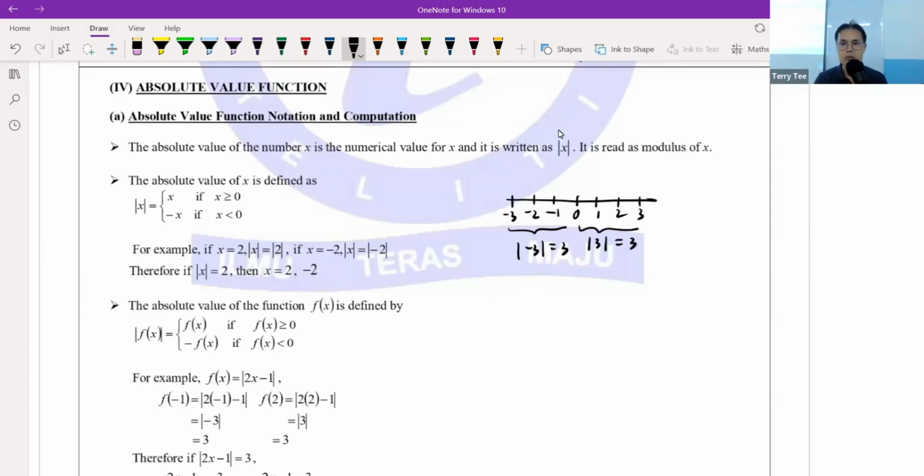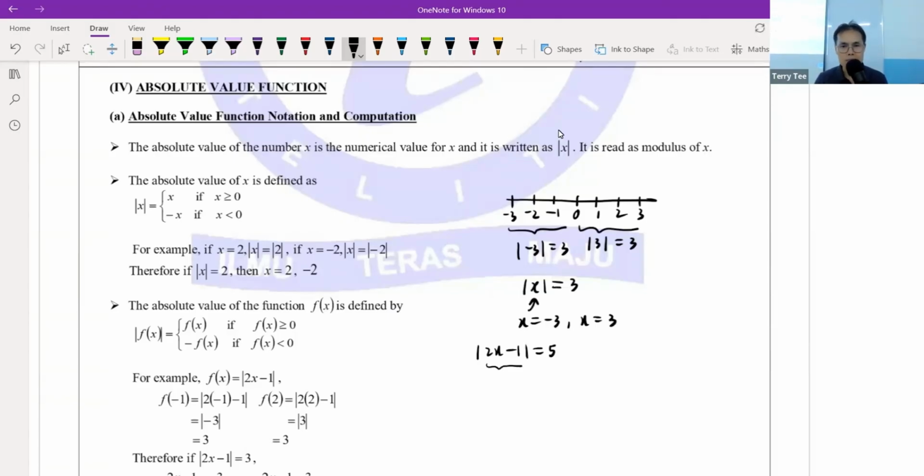All right. So because of the modulus, when we say modulus of something equals 3, your x inside the modulus can take 2 possible answers. Your x can either be negative 3 or positive 3. For example, 2x minus 1 equals, let's say, another number like 5.